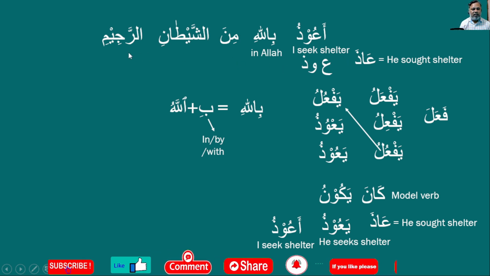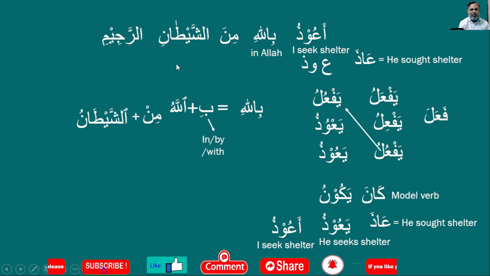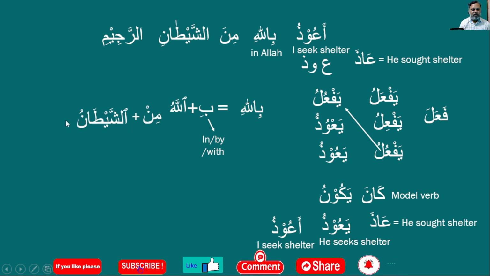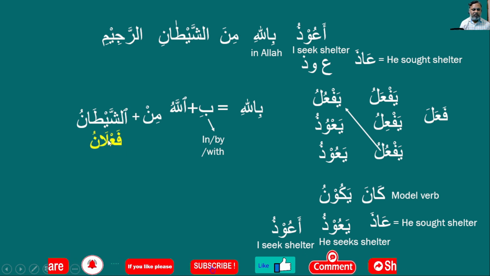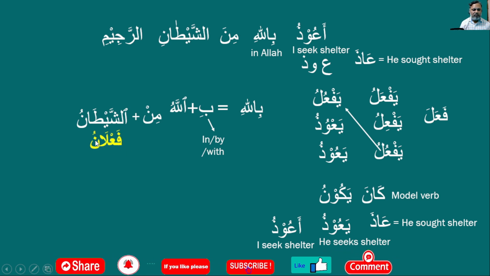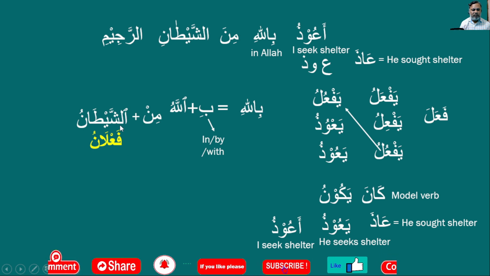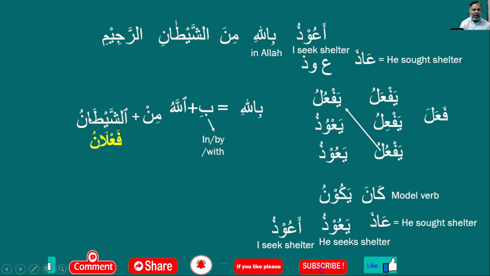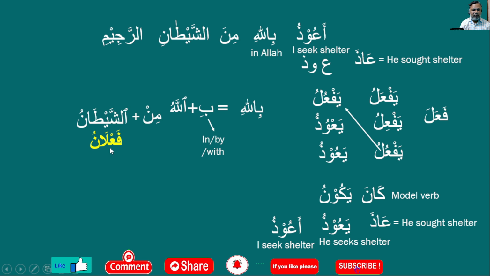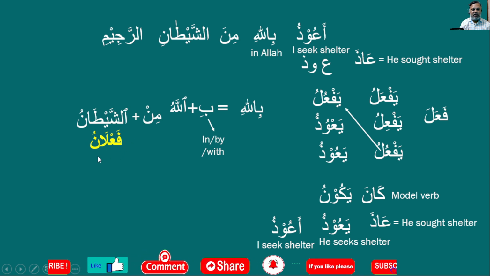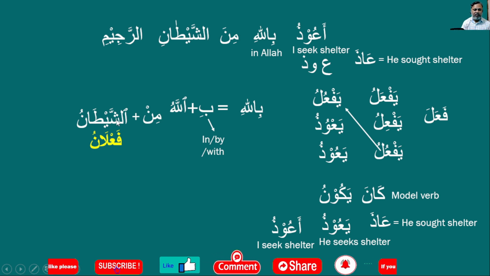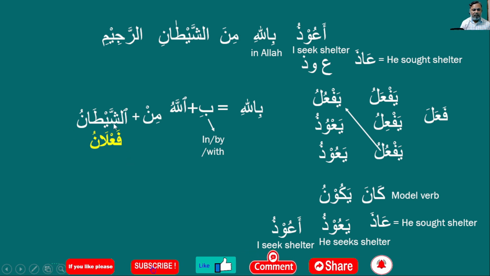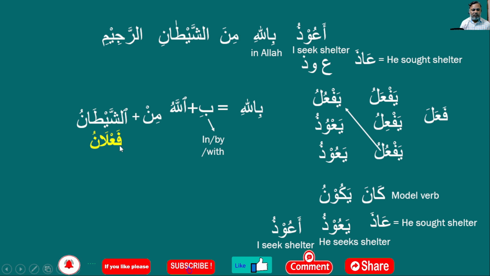Now minash shaitanir rajim. This is min plus ashaitanu. This word ashaitanu has been derived from this formula, Falanu, and this word is shaitanu. This is the formula to derive this noun from the root letters sin, ya, ta, and sin, ta, and nun.